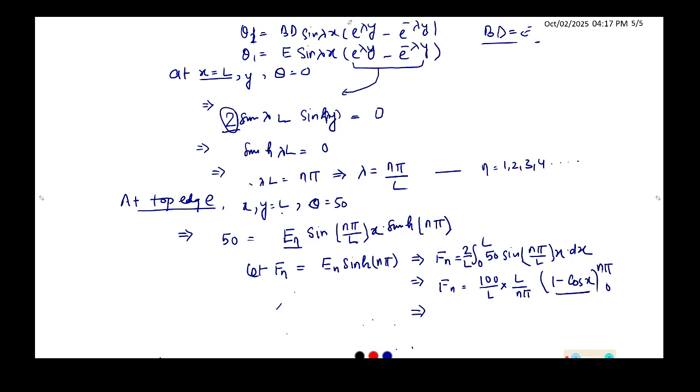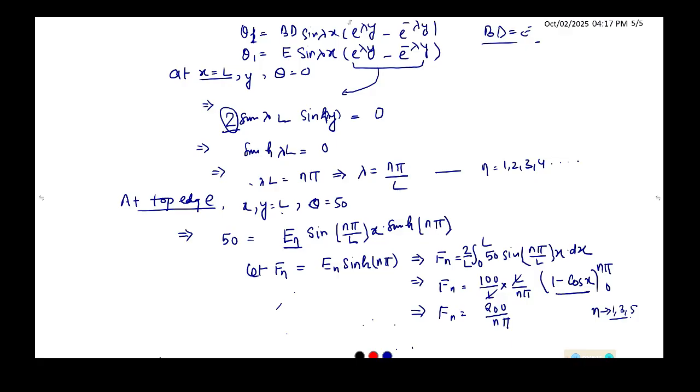Now if this n is an even number, then this will become 0. Therefore, here n will be only 1, 3, 5. Therefore, this fn will become 200 upon n pi. This L and L will cancel out.